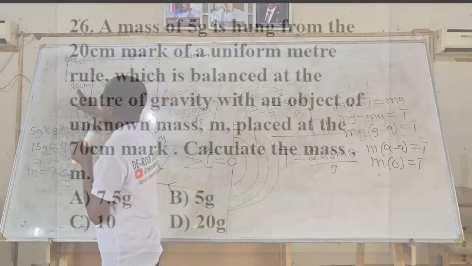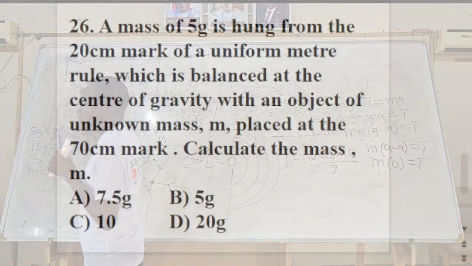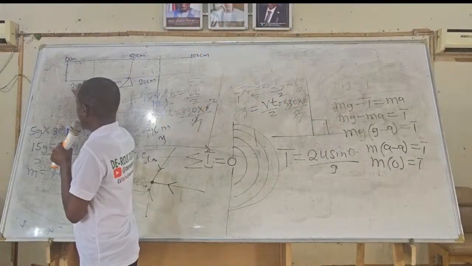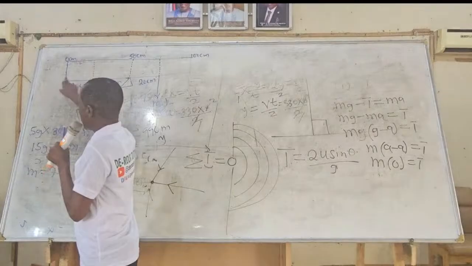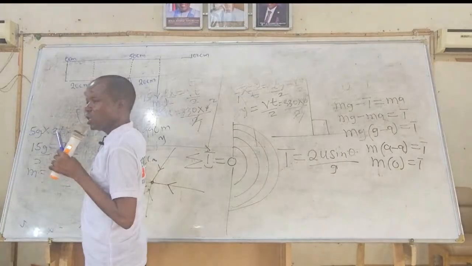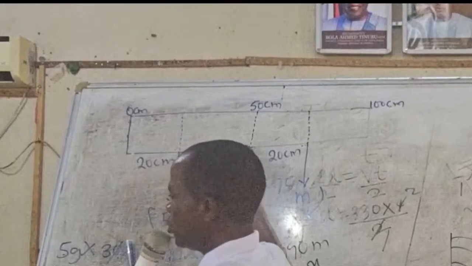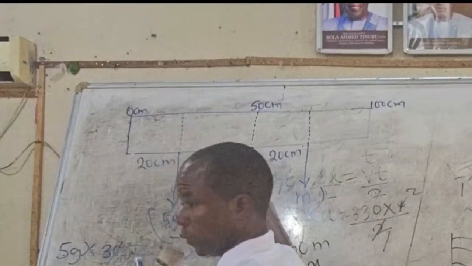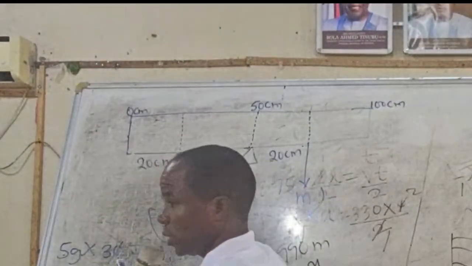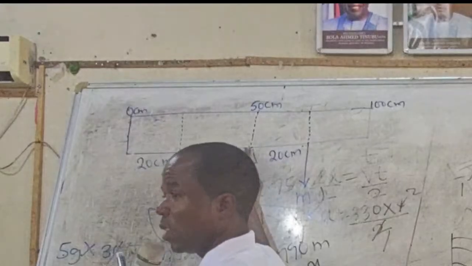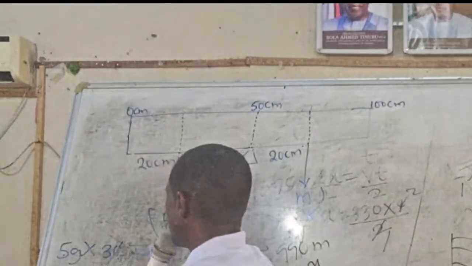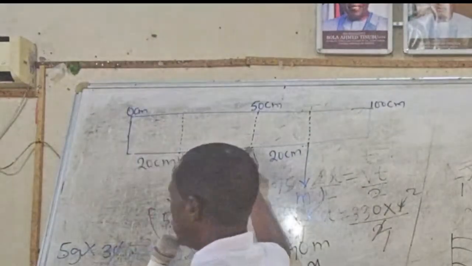And we know that this 5 gram mass is at the 20 centimeter mark, which means the distance from the end is 20 centimeters. Mind you, the pivot is at 50. If it is 20, then the distance to the pivot will definitely be 30, because 30 added to 20 gives you 50.